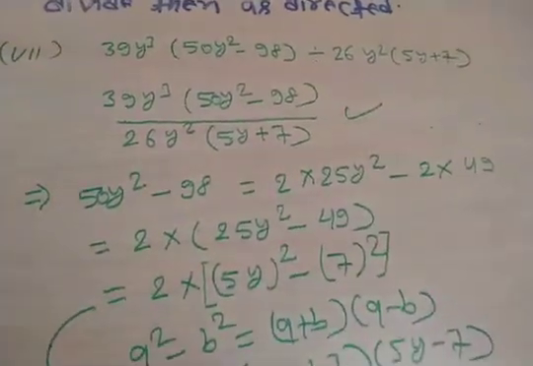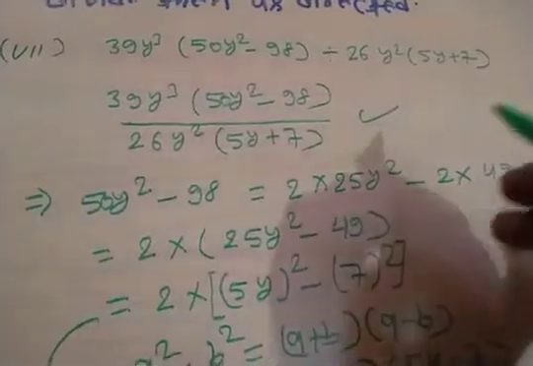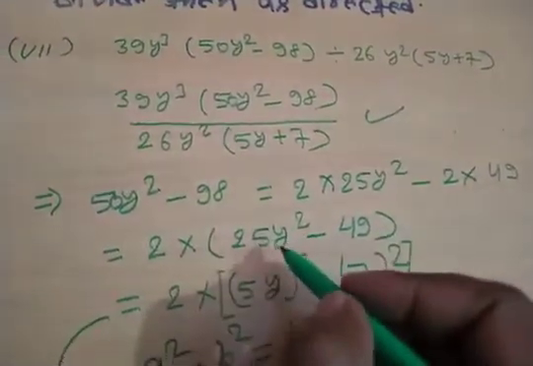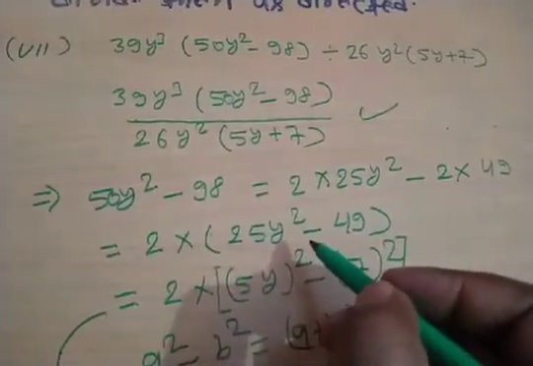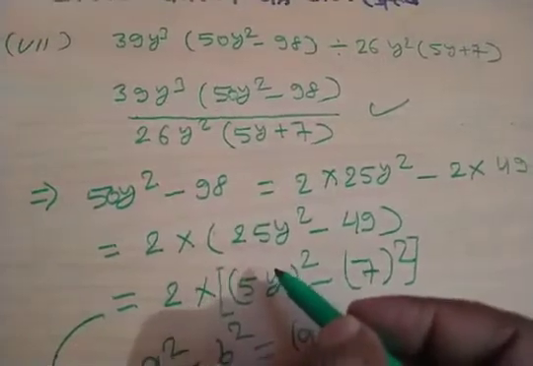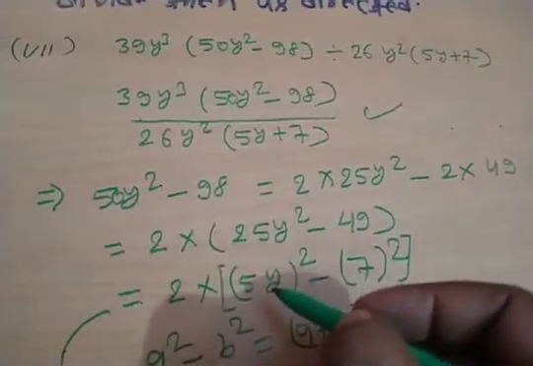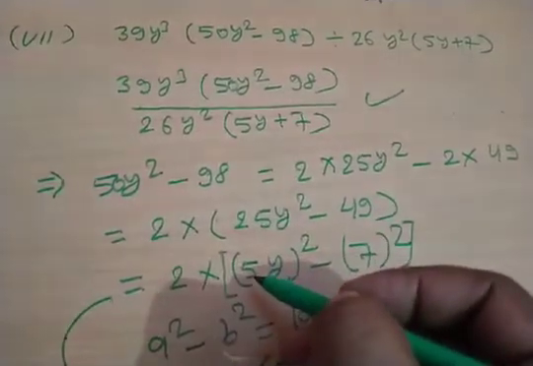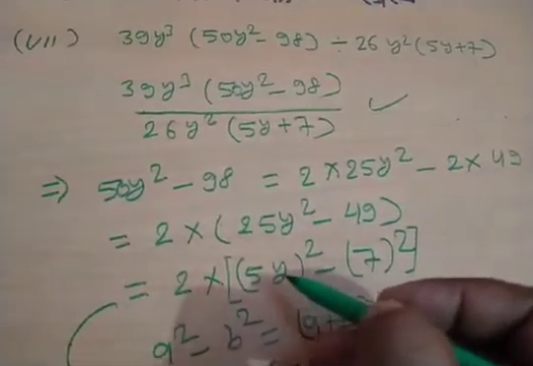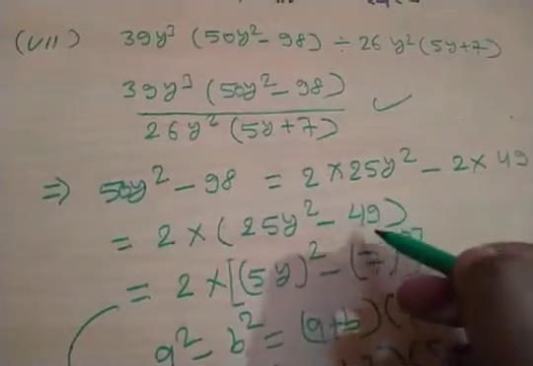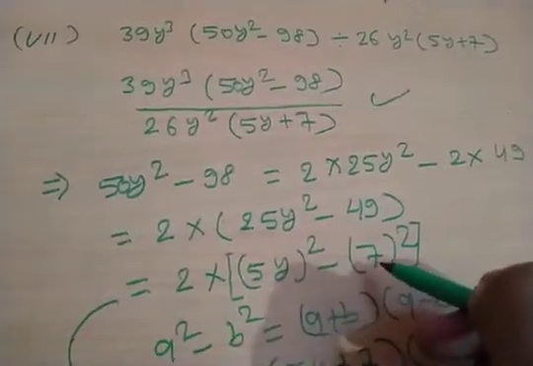Okay. So you take common 2 from both terms. We obtain 2 into 25y square minus 49. Okay. So we can write it as whole square of 5y, and 7 square is 49, so you can write whole square of 7.